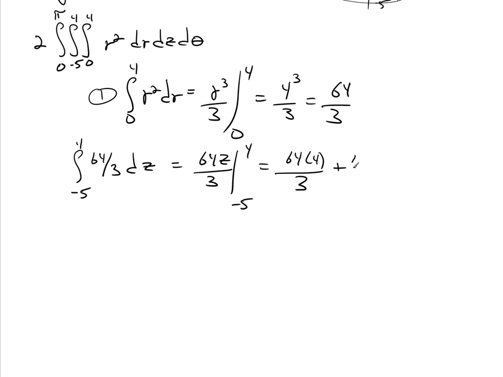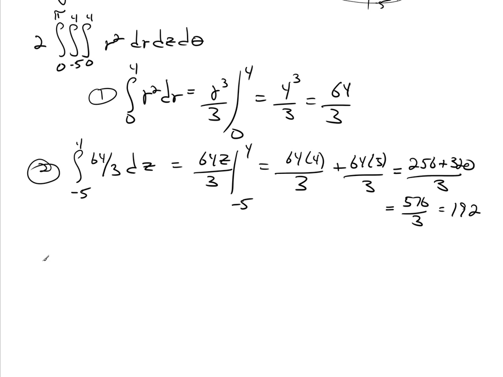So that's going to be plus 64 times 5 over 3, which if you fiddle with that, you'll get 256 plus 320 over 3, which is 576 over 3, which is actually just 192. So that was part 2.